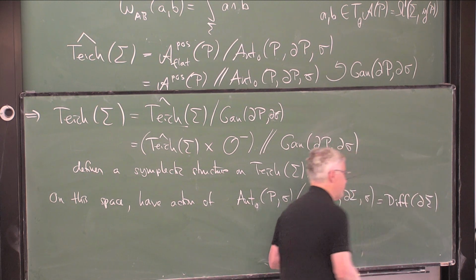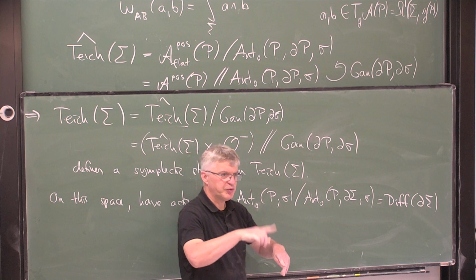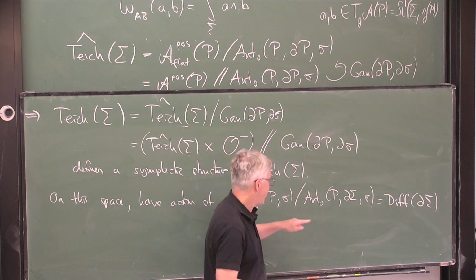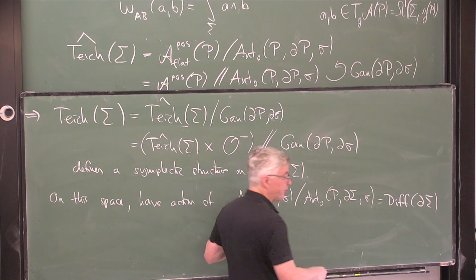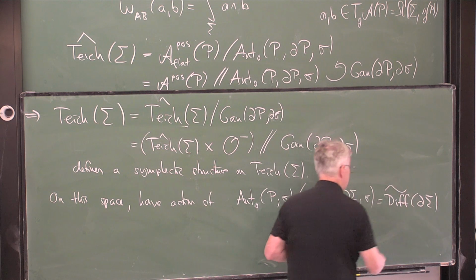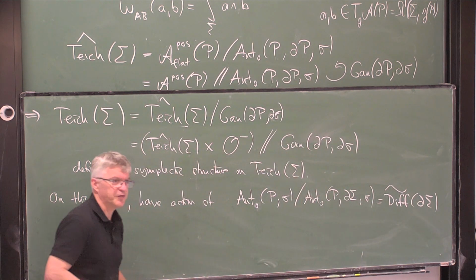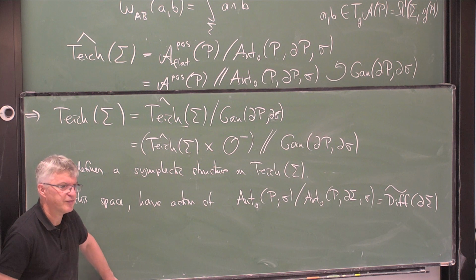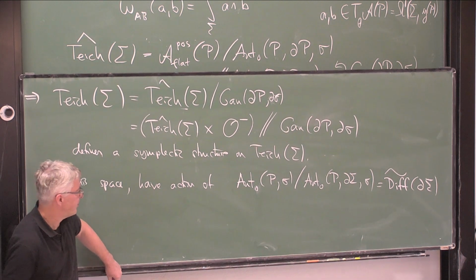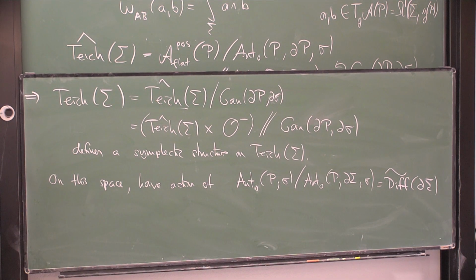Or if you think about it more carefully, it's actually some cover, having to do with the fact that we're only looking at the identity component. Not necessarily universal, it depends on the surface. So some cover of the diffeomorphisms of the boundary.